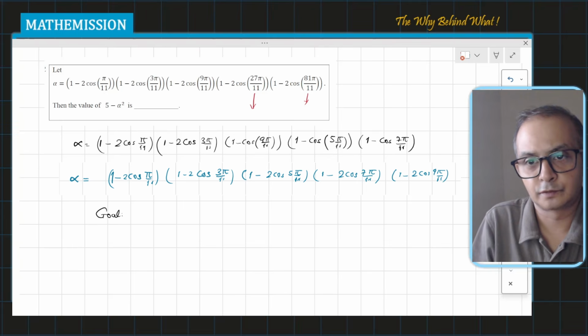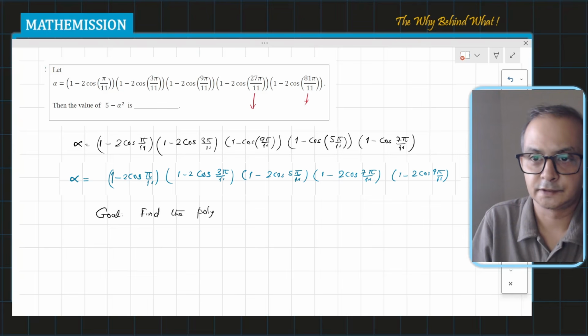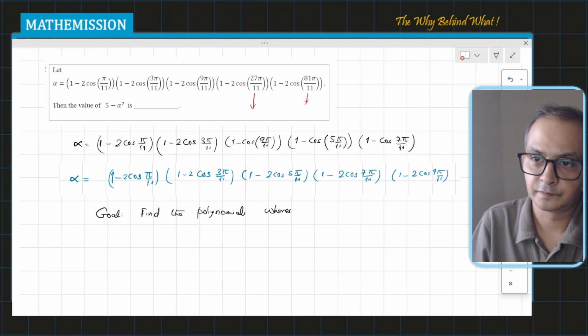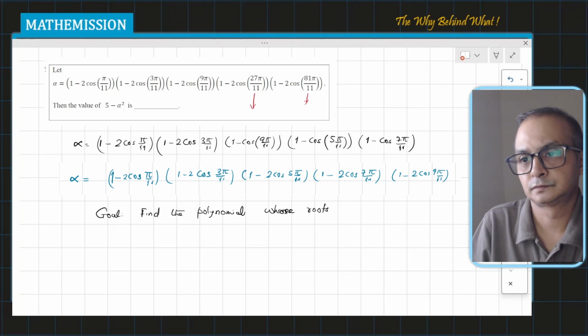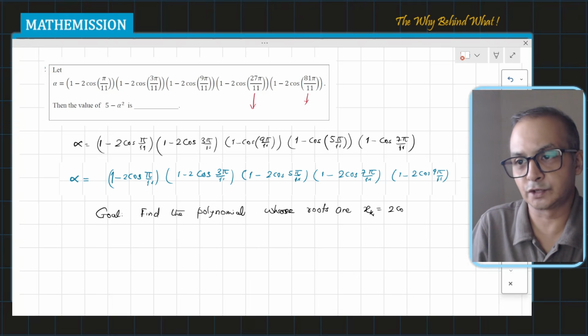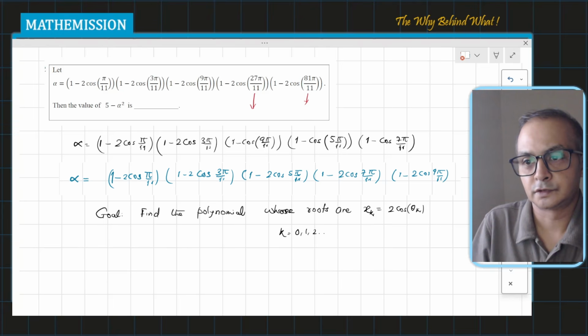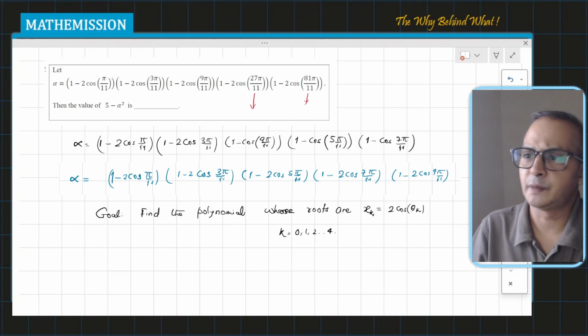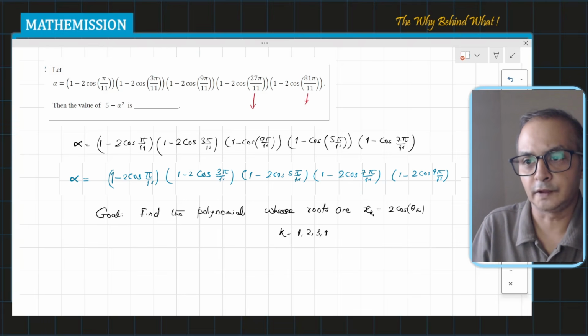Our goal is to find the polynomial whose roots are xk. And what is xk? Xk I'm calling 2 cosine theta k, and k is from 0 till 4, or maybe I can write 1 to 5. It looks better: 1, 2, 3, 4, 5.